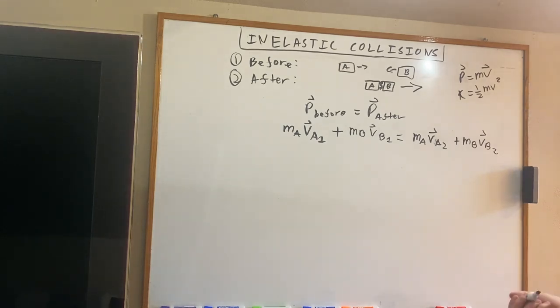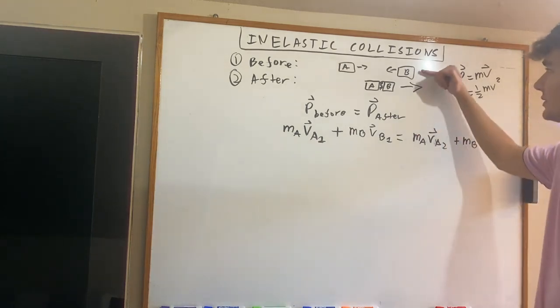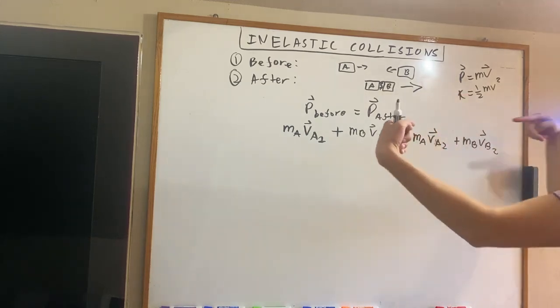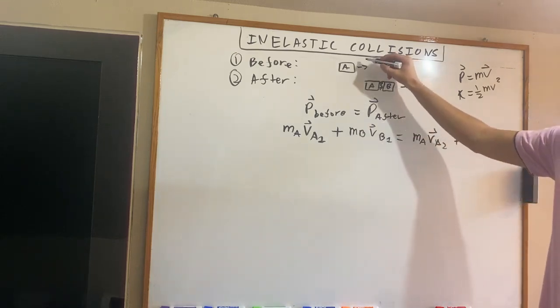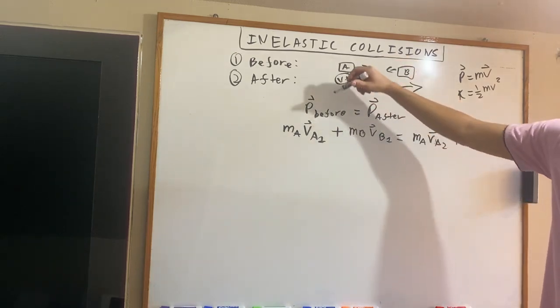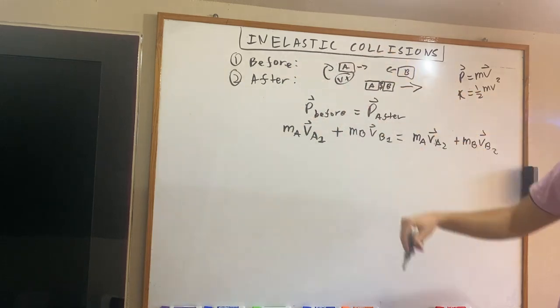So now we're going to adjust for the signs. In this particular completely inelastic collision, before they're moving in this direction, and afterward they're moving together. So this velocity is going to be positive, I'm referring to this here.